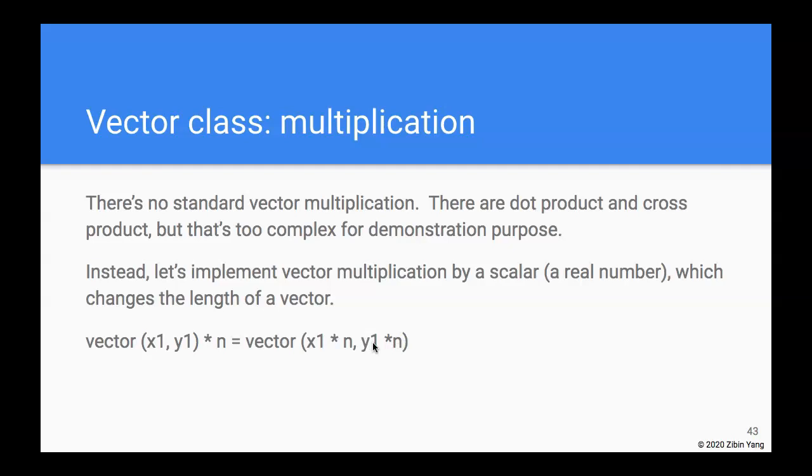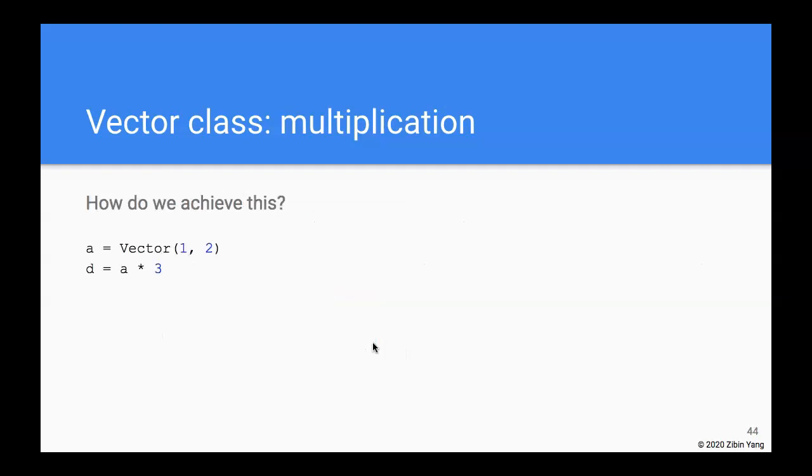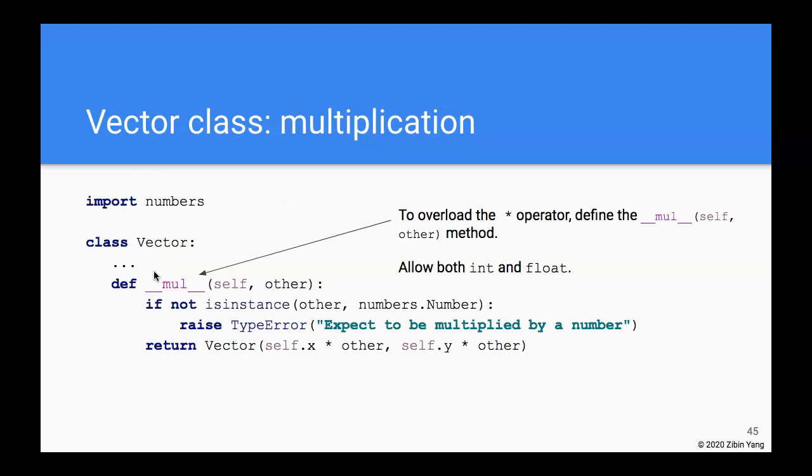So if you want to give this a try, you should know how to do this already. So pause the video and try it out. Otherwise, here's the use case, and the definition: we are going to define the __mul__ method, because that's multiply, right?